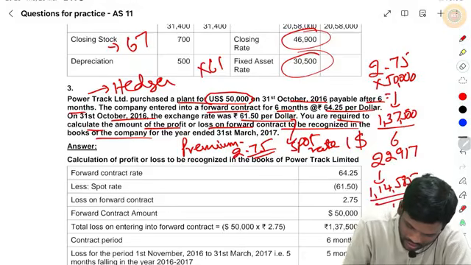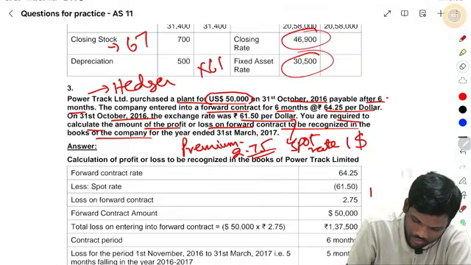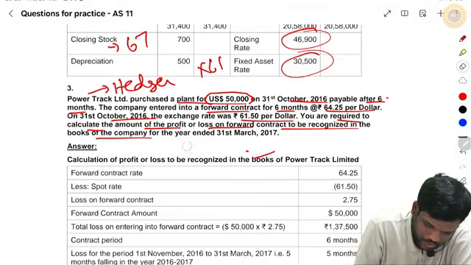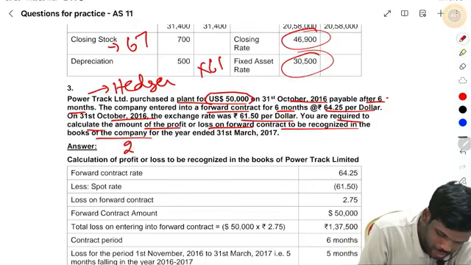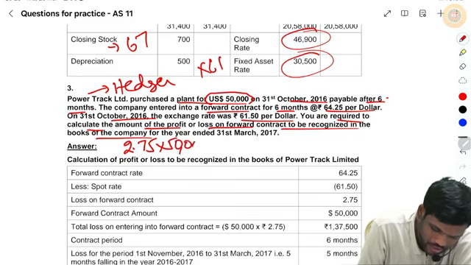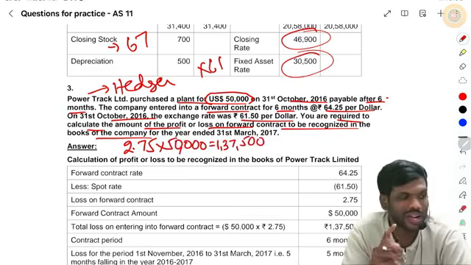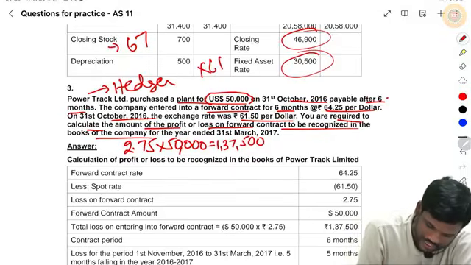Sorry, I think I was hiding this calculation. Let me show you the calculation again so that it will be useful for you. We had calculated 2.75 per dollar premium into $50,000, which becomes 1,37,500. Now this 1,37,500 should not go to P&L immediately. It should be taken over a period of 6 months.